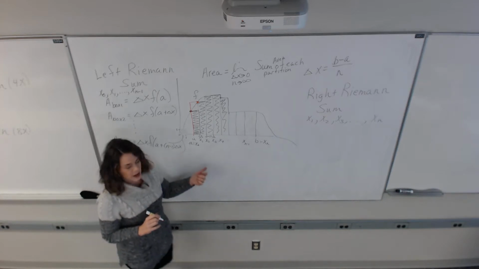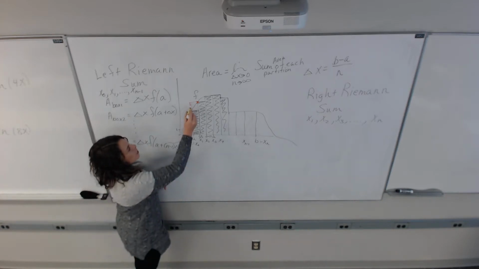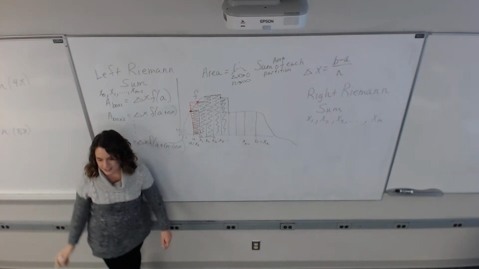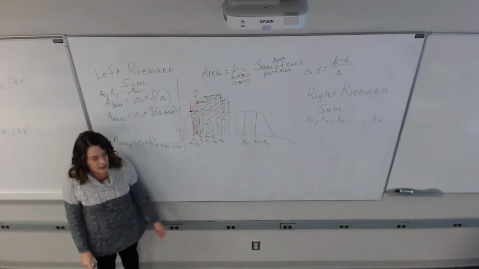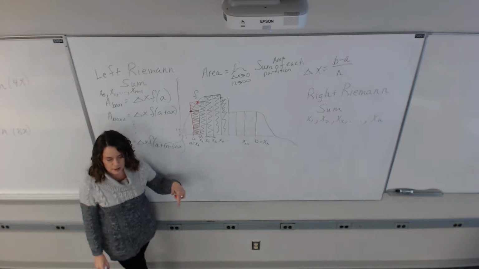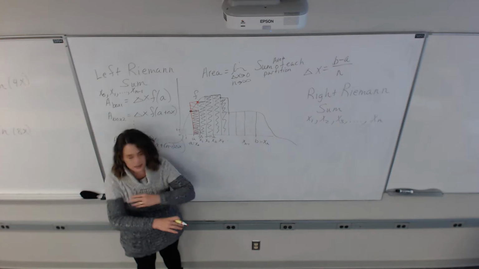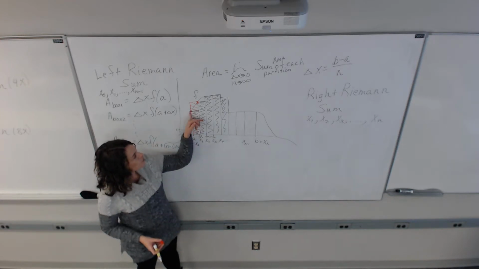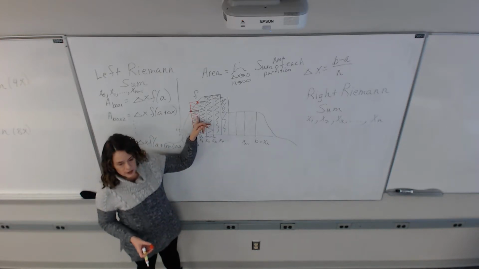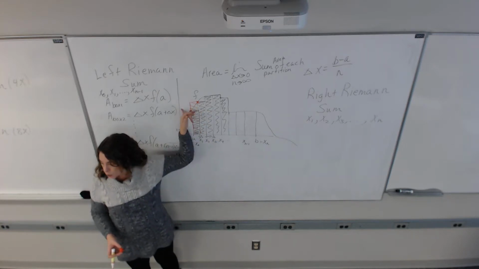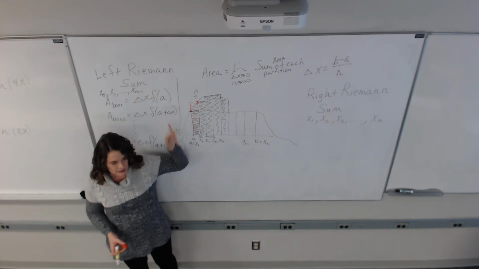If you're doing a right Riemann sum, am I overestimating or underestimating that area? I'm overestimating. So a left Riemann sum and a right Riemann sum sort of over and underestimate in opposite situations. So the left Riemann sum is an underestimate when it's increasing, but the right Riemann sum is an overestimate when it's increasing, right?